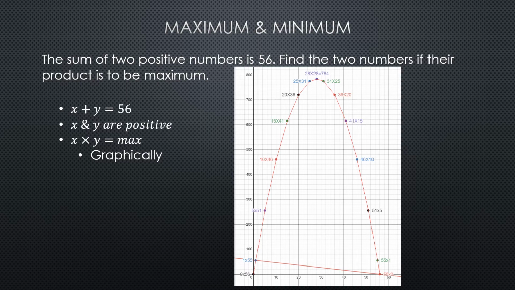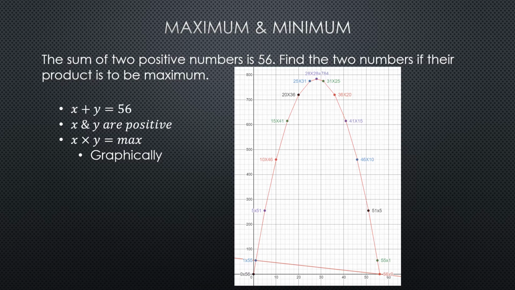On the other side, we've got an x coordinate of 56 and a y of 0. So those two add up to 56, but multiply together to be 0. I've just graphed some points along the x-axis to show how they add together to equal 56, and what they multiply to.